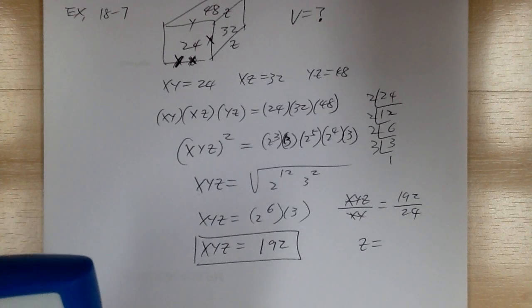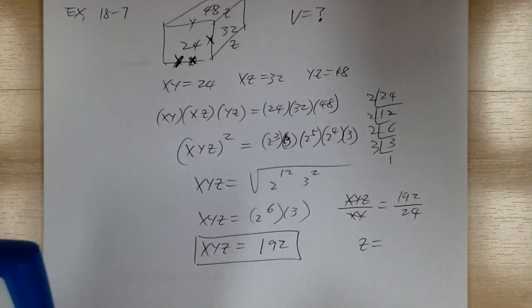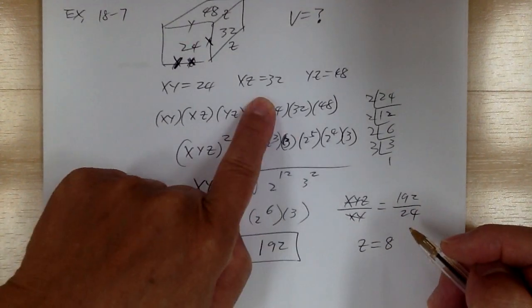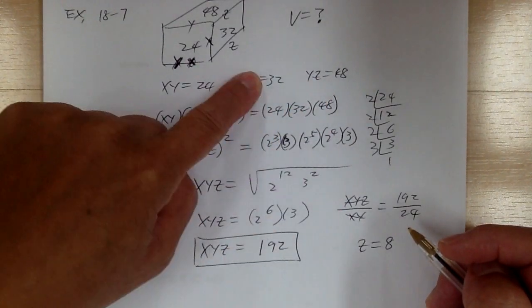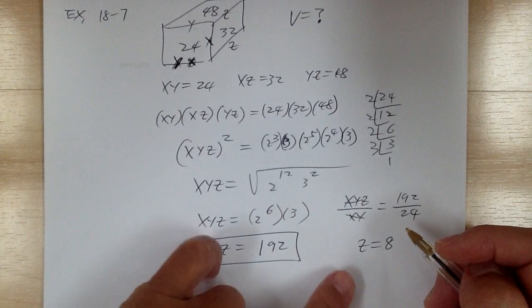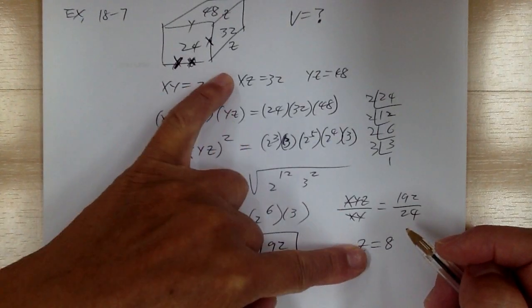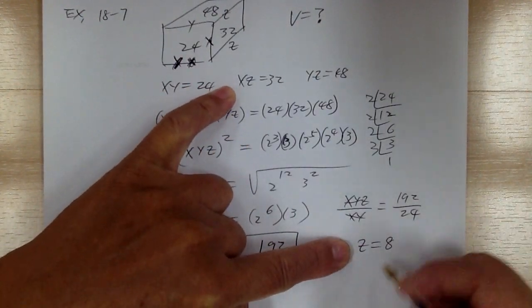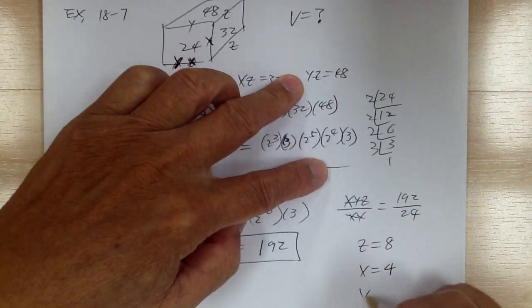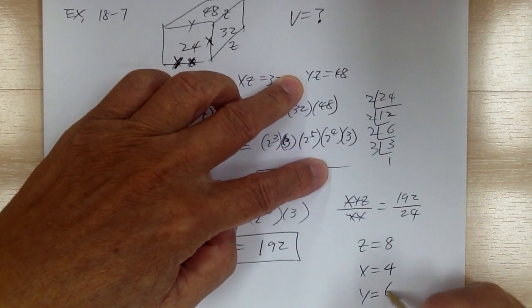Okay, so 192 divided by 24, yeah, it's 8. Once you find 8, you can substitute into here too. You can use this divided by that to get y, and this divided by that to get x, but it's faster if once you find one of them, you just substitute. So x will equal 4, and over here y will equal 6.